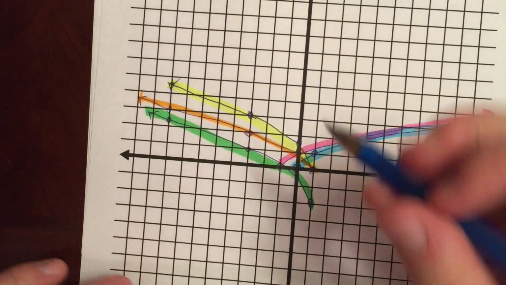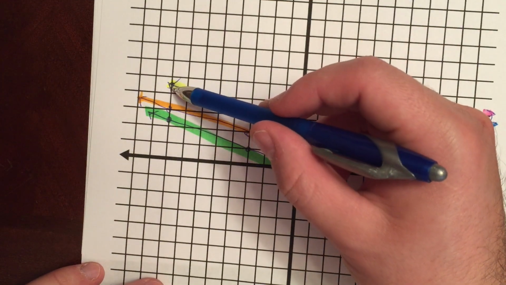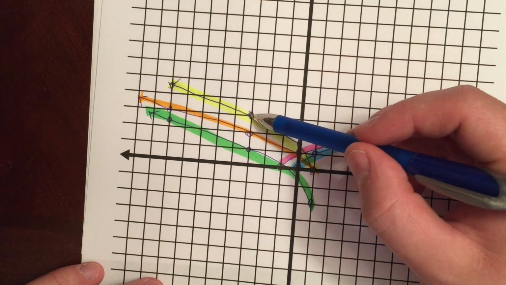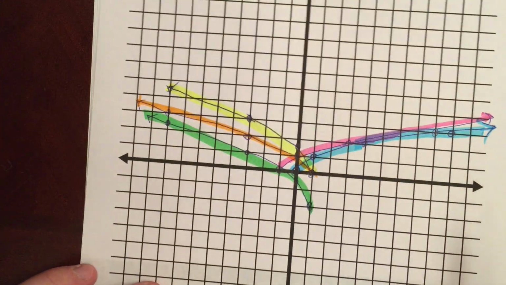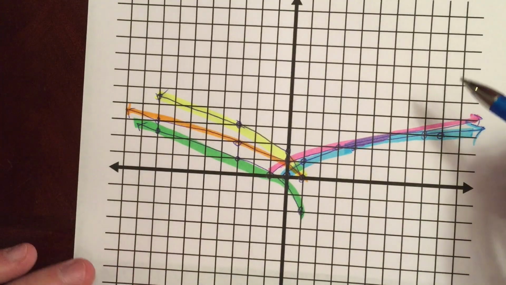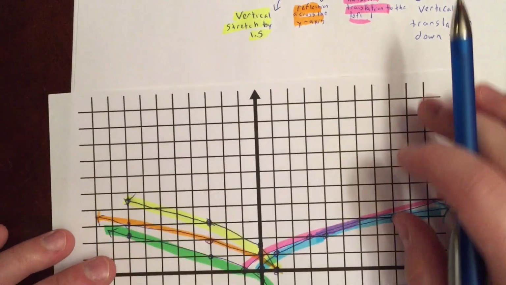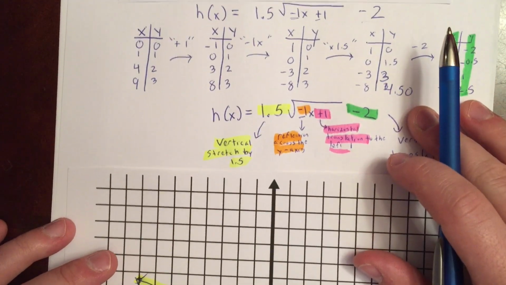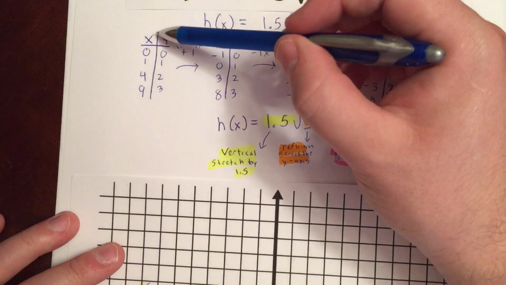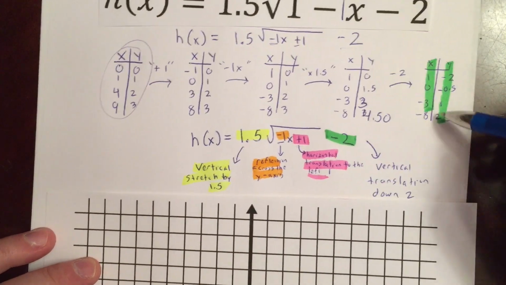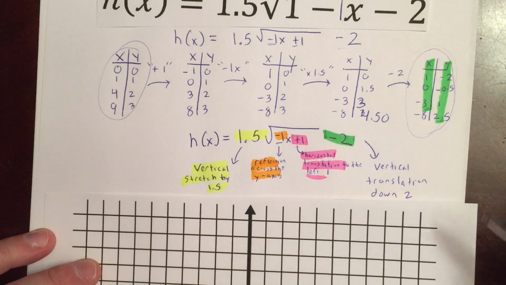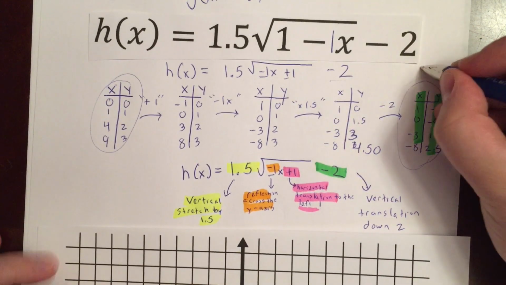So if we look at our graph, if I move this down 2, it maps to that point, down 2, maps to that point, down 2, all the points map. So we did it geometrically through the graphs and through tables, and our points from our parent function, or OG, correspond to our points for the new function h of x.